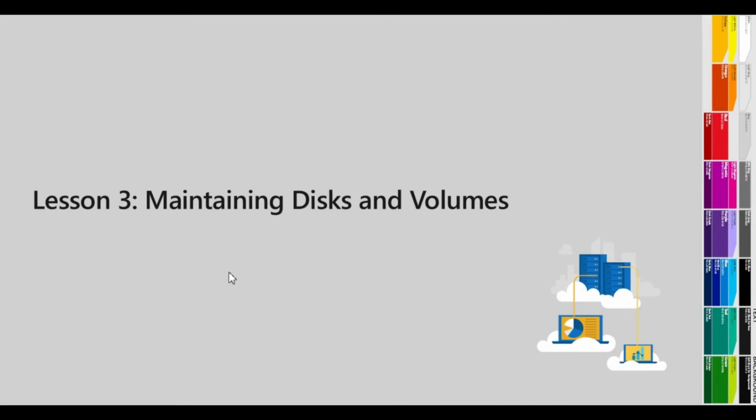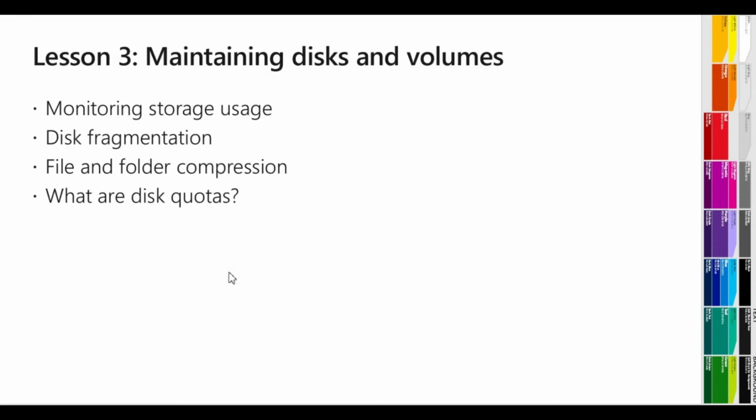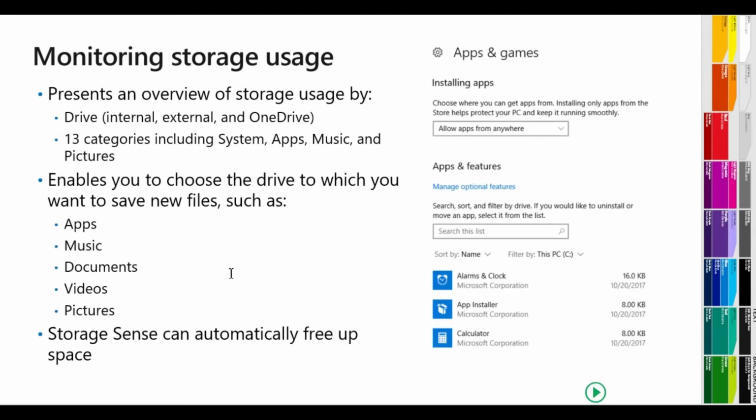Now, maintaining disks and volumes. As part of this, we're going to look at monitoring storage space, disk defragmentation, file and folder compression, and disk quotas. Monitoring storage space presents an overview of storage used by drive, whether internal, external, or OneDrive.